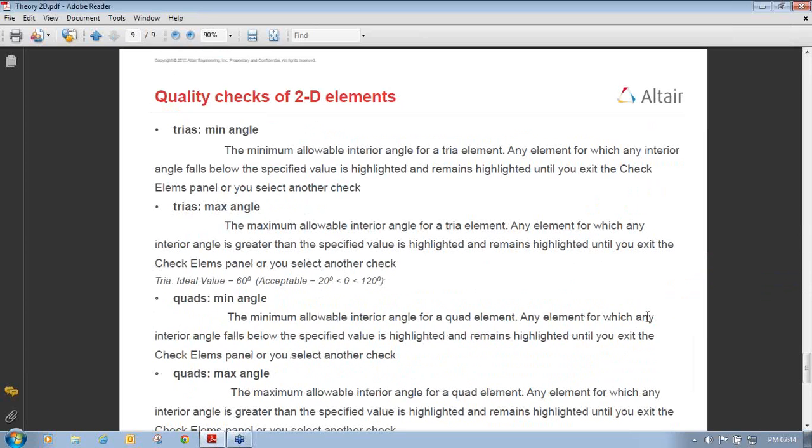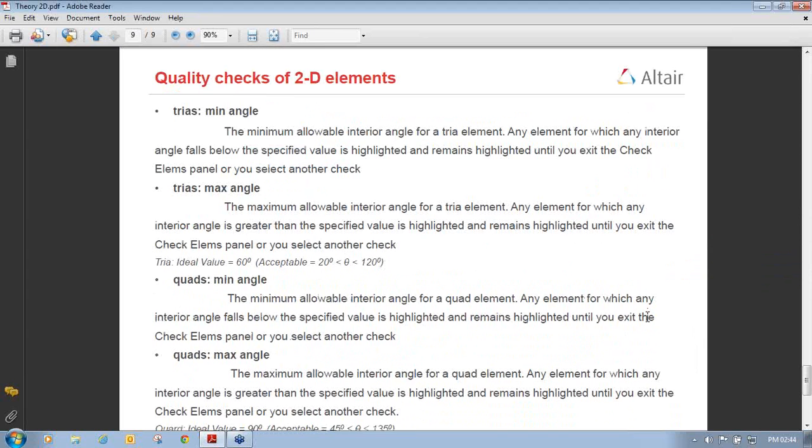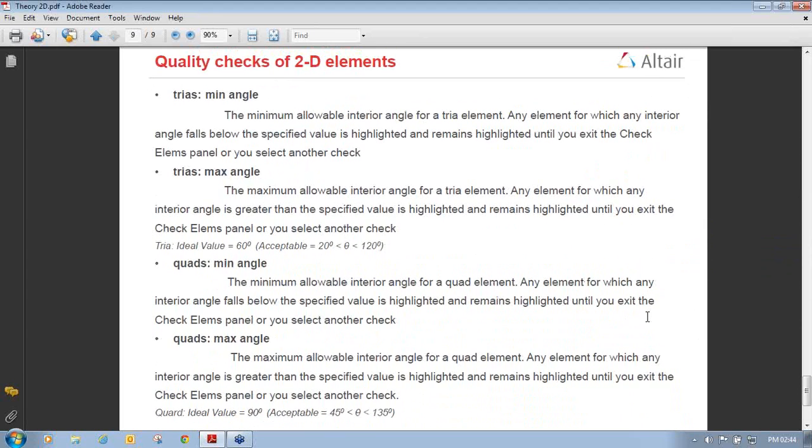So we will now move to our next topic, that is quality checks for 2D element. There are a few angular checks that are also important for 2D elements. We will discuss them one by one. The first one is the triangular element minimum angle check.